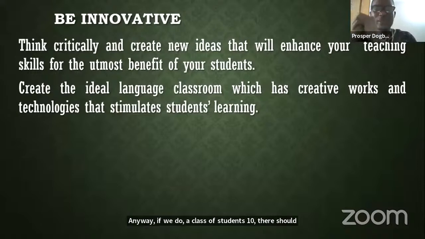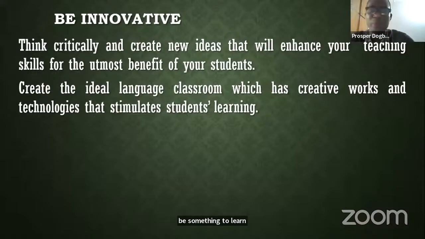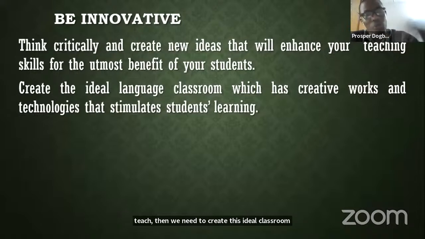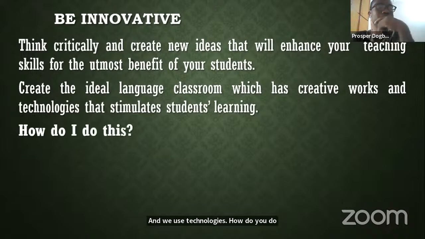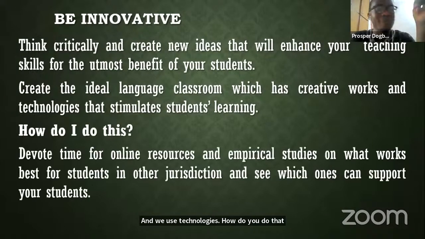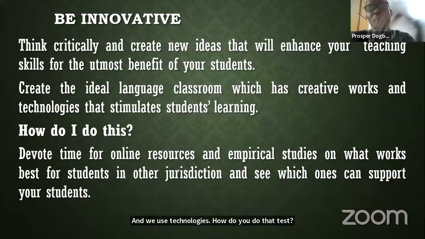I know it's a difficult task for us, but if we want students to perform well in the language we teach, then we need to create this ideal classroom situation where we have a lot of creative works and we use technologies in our teaching. How do you do that? First, devote time for online resources. The internet abounds with a lot of information.